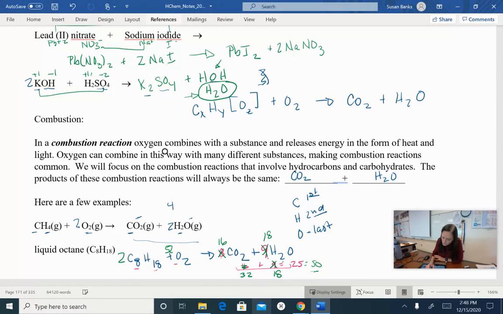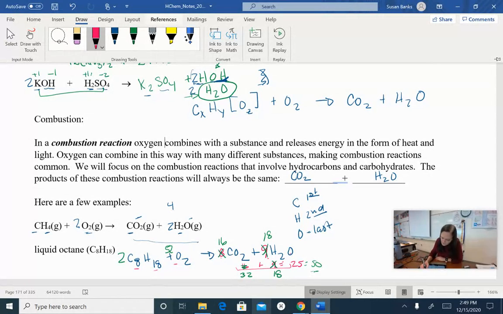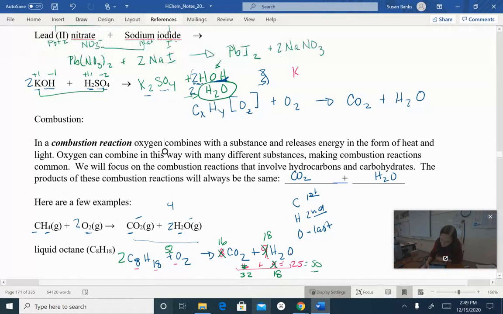So I need to have 2 hydroxide groups. So I'm going to double this. I have 2 hydrogens, so I've also doubled my 2 hydrogens. So that gives me 2 waters. So I'm going to write that as 2 waters. So when we're all said and done, we will have potassium sulfate and 2 waters.